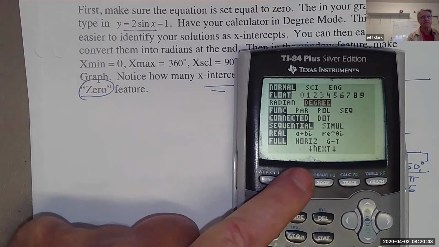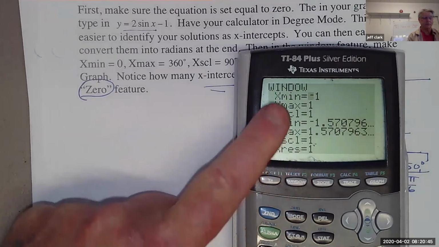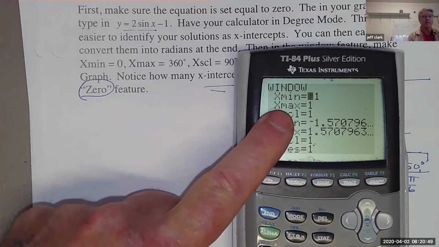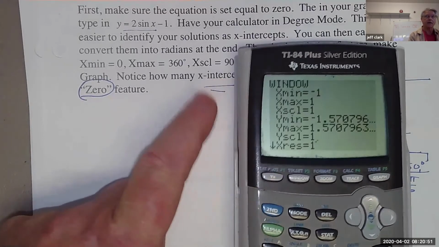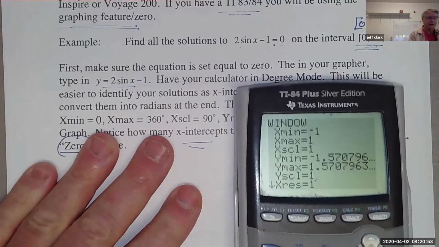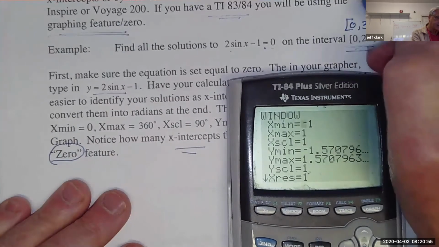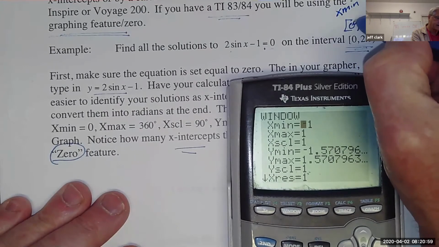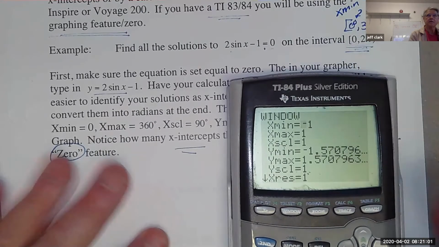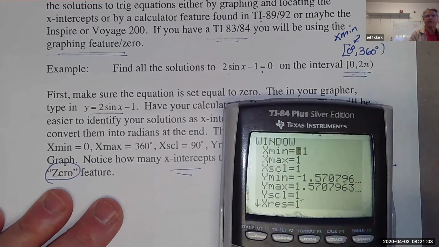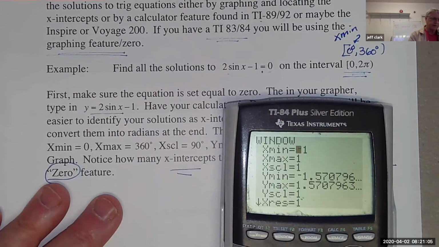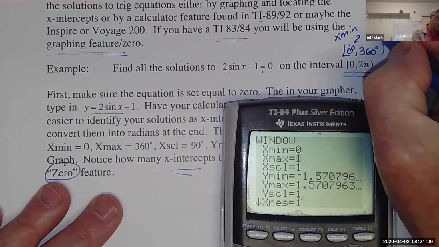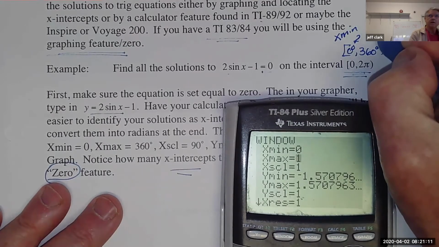Press that, and you're going to be able to tell the calculator how far left you want to go. This is your x min, and that's in degrees. So what I'm going to type in is 0 degrees, and your x max is 360.